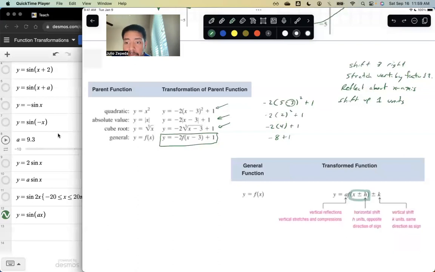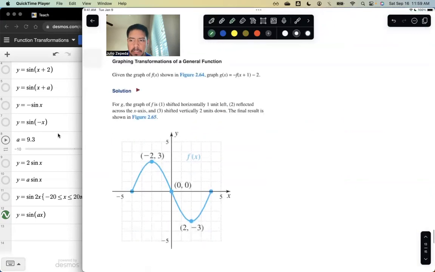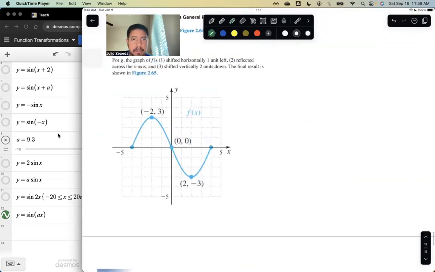Then outside of that, we have vertical reflections if there's a negative, and a vertical stretch or compression depending on the value of a. And then finally, the value on the outside, plus or minus k, shifts it up or down k units. Okay, cool. And we're almost done here.